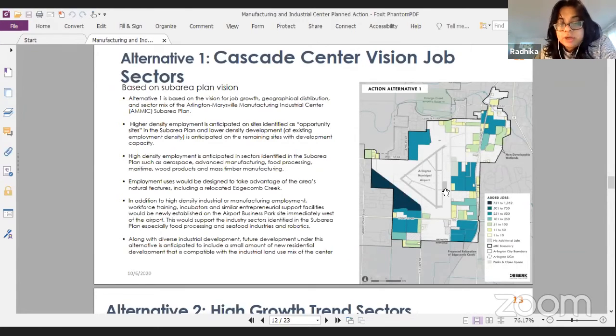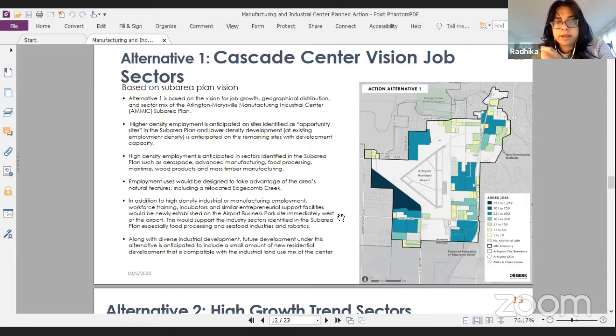And in addition to high density manufacturing and industrial employment, this alternative also assumes that there would be workforce development and entrepreneurial support facilities that would happen on priority sites, and that there would also be a small amount of residential development that would be suitable for industrial jobs like live work or other units that would be included in this alternative.